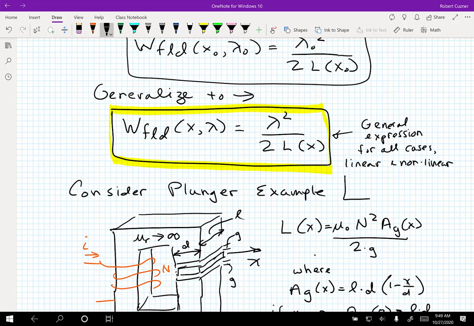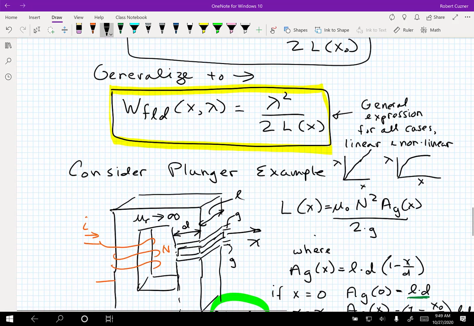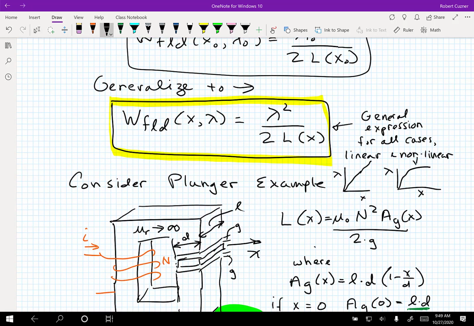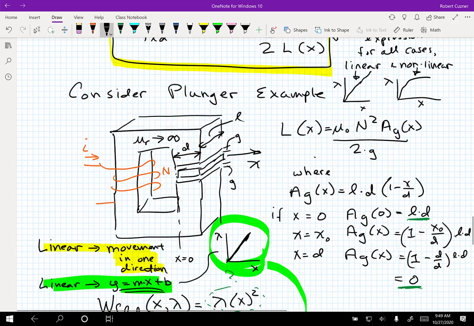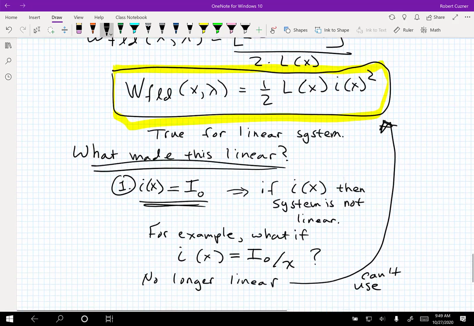I'm going to give you a little bit of a hint. Here's linear. Here's a nonlinear system. Okay, so there's your nonlinear system. That's just an example. Another one is number 2.